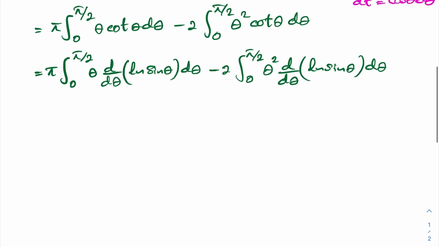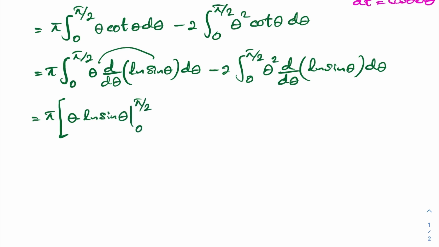Then we have pi times parentheses, the product of these two functions, theta times natural log of sine of theta from 0 to pi over 2, minus integral from 0 to pi over 2 of the second function, natural log of sine of theta, times the derivative of the first function, theta, with respect to theta, which is 1, d theta.